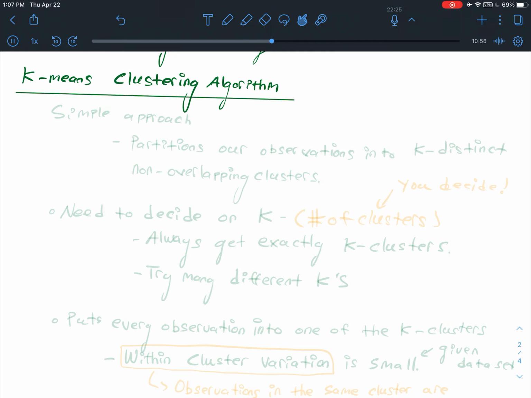And what does this algorithm do? Well, this algorithm does exactly what I was motivating earlier. It's a simple approach that partitions our observations into k distinct non-overlapping clusters.